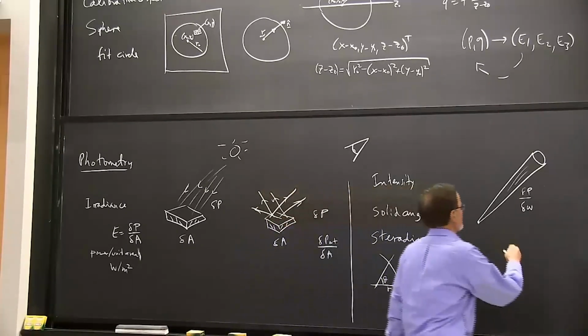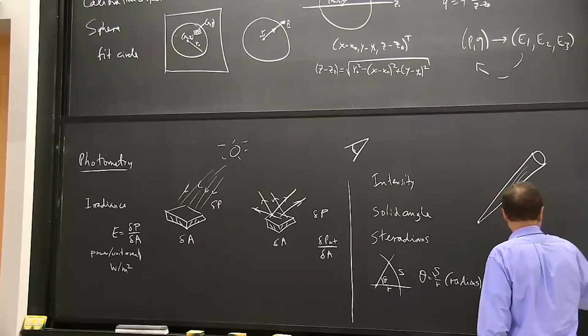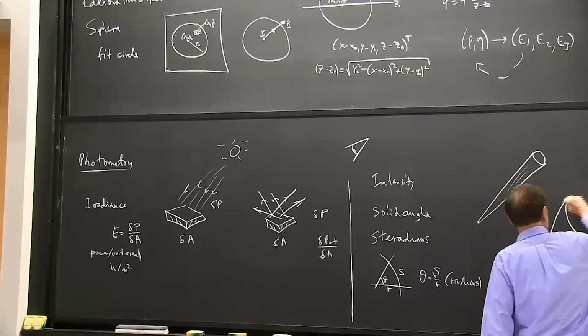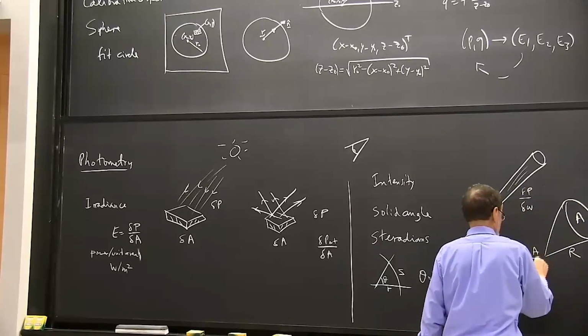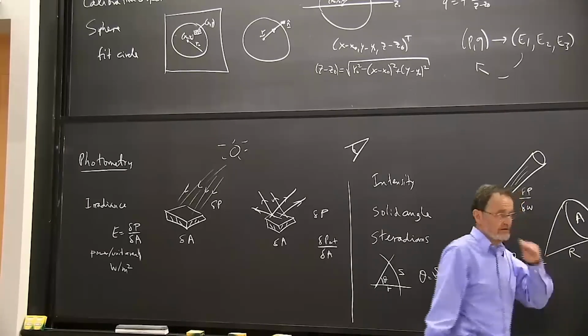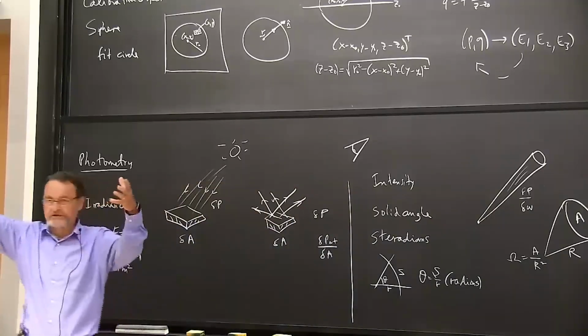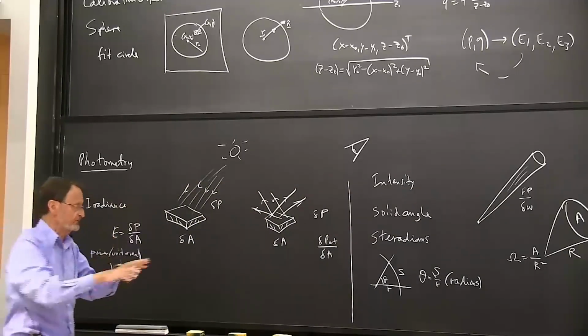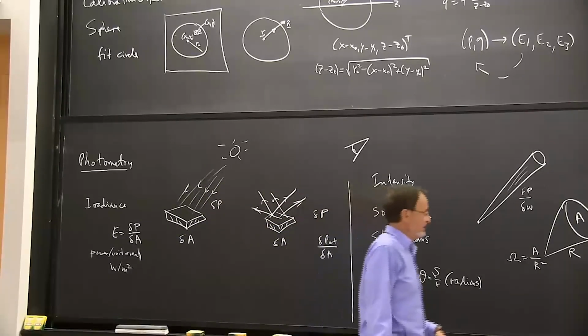Well, this is very similar in that we take this cone of possible directions in 3-space now instead of in 2-space, and we cut it with a sphere.